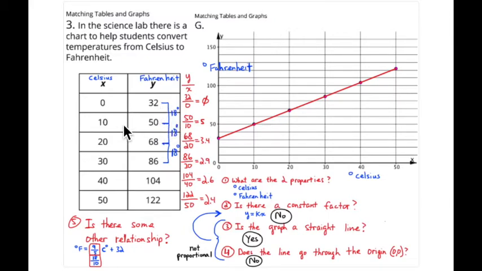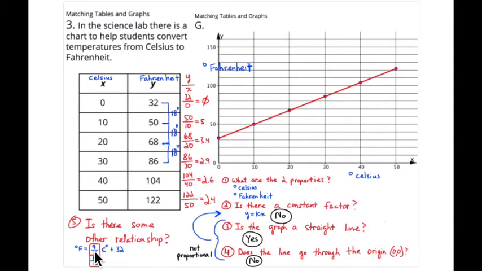So Celsius increases 10 degrees, Fahrenheit increases 18 degrees. Celsius increases another 10 degrees, Fahrenheit increases another 18 degrees. Another 10 degrees, another 18 degrees. So that relationship, 18 divided by 10, is the same as 9/5.